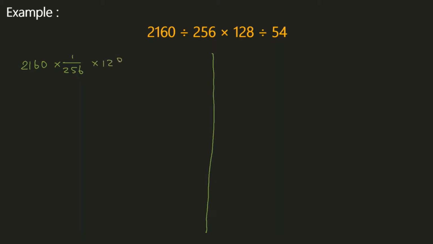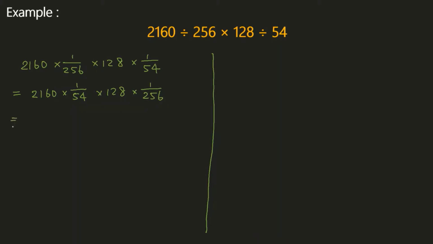Then we have multiplied by 128, and divided by 54 is the same as multiplying by its reciprocal. Next, we're going to use the commutative property and move things around a bit. So we're going to place the 1 over 54 right next to 2,160. Then we have 128, and we're going to place 1 over 256 last.